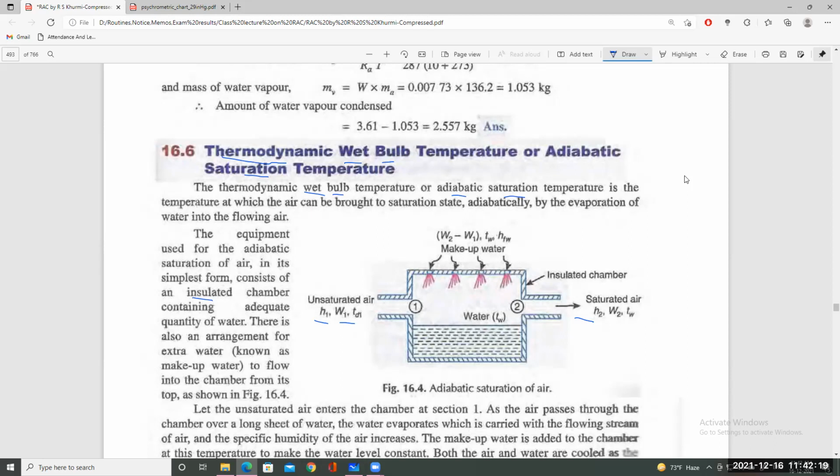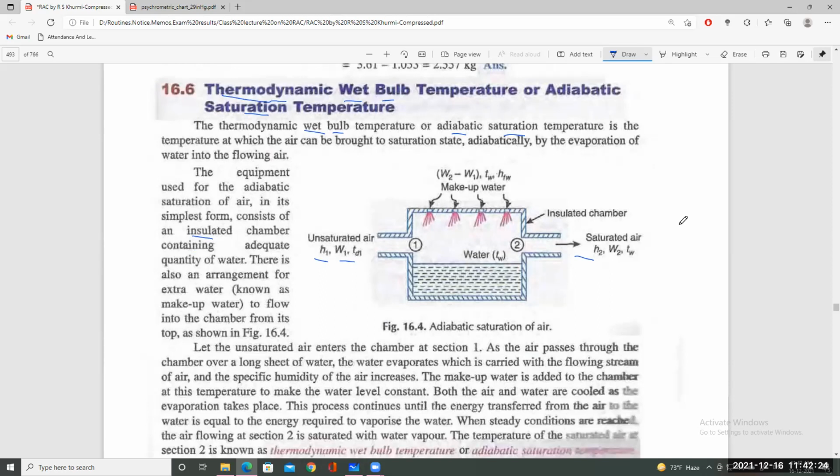And thus the specific humidity, the amount of water vapor content per kg of dry air, is increasing.